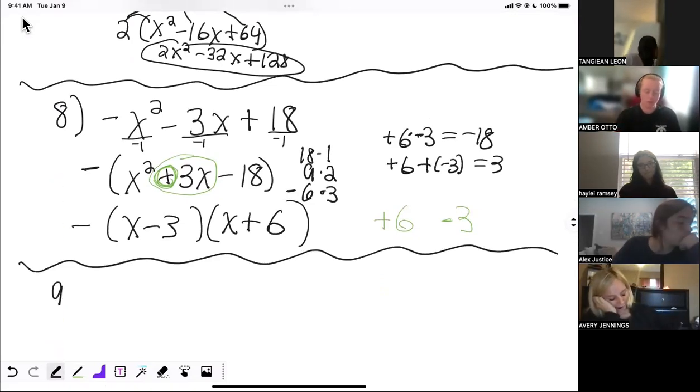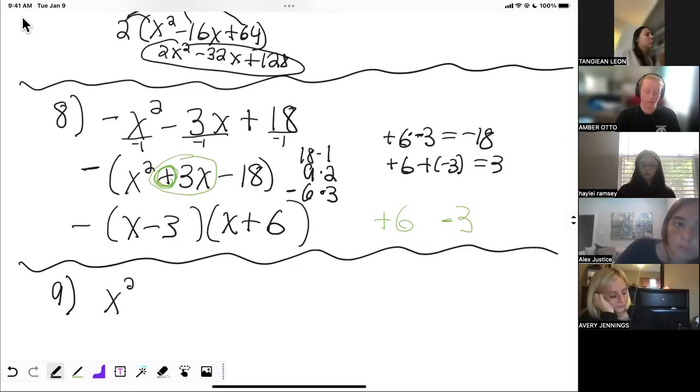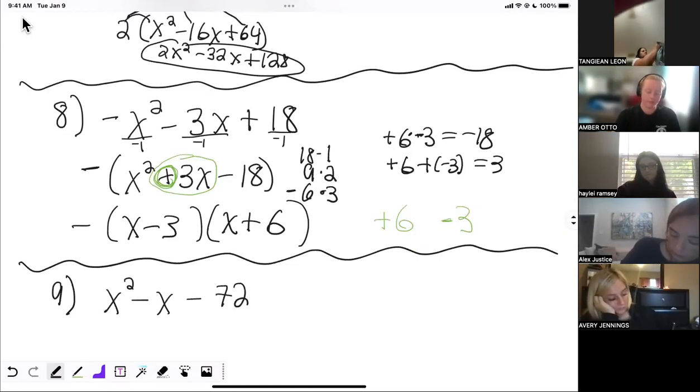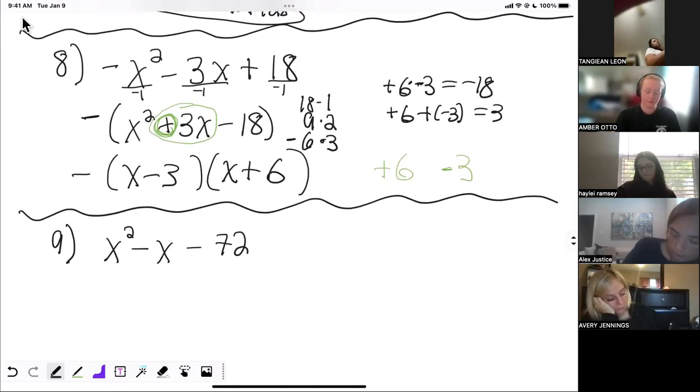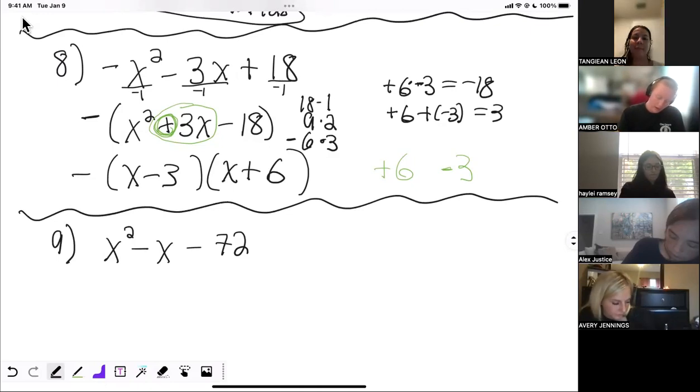Okay, 9: x squared minus x minus 72. You guys want to try it? Yeah, try it. I know 72 is a big number, but think of your times tables. It'll tell you what it is.